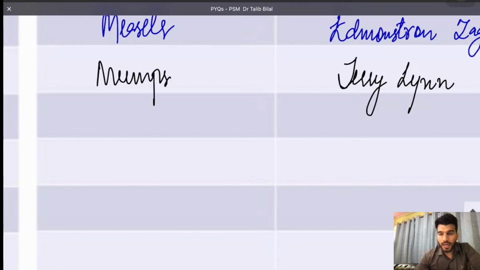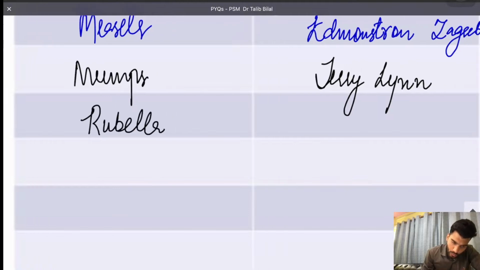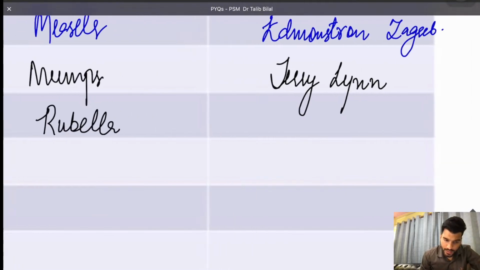the subacute sclerosing panencephalitis. If I talk about rubella, what is the vaccine that you will give? RA27-3.